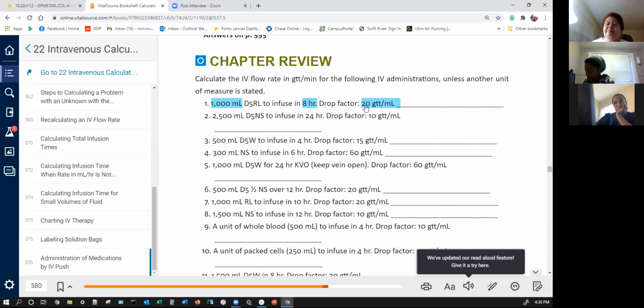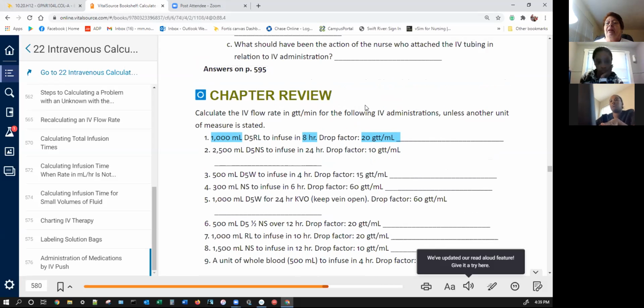It's going to be 41.6. So we'll round it to 7, right? No, we're going to round to the nearest whole number, because I can't count half a drop, right? I can't count 0.6 of a drop, so it's going to the nearest whole number. So it would be 42. Okay, Raven, you see what we're talking about here?